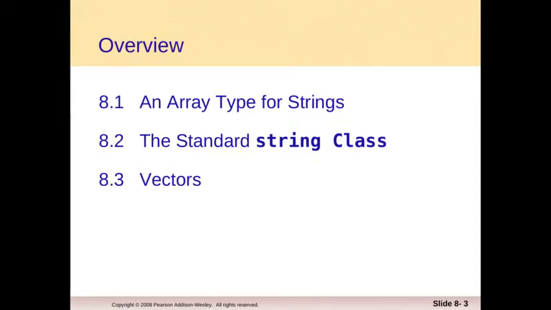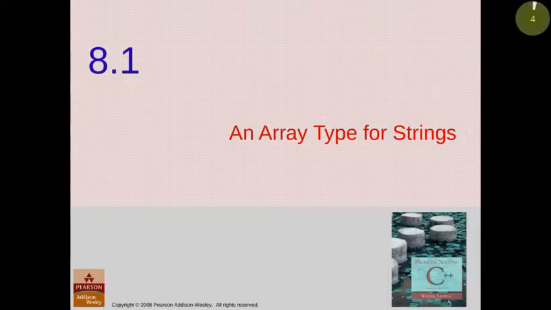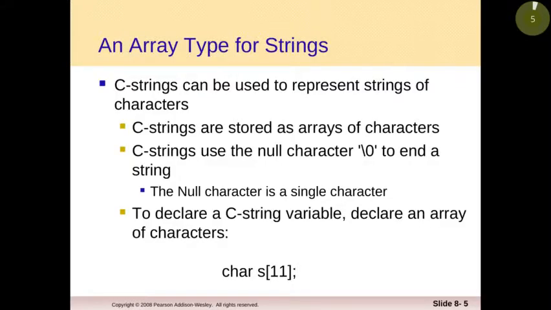And then in the last topic, we're going to talk about vectors. So let's start with the array type for strings, the C strings. For a C string, we use an array of characters.